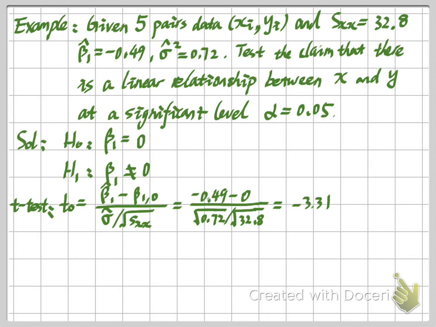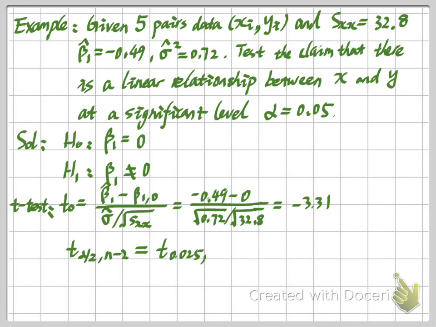To find it, we check the value of t alpha over 2, comma n minus 2. For alpha, the question gives us the significance level alpha equal to 0.05, so we divide it by 2 and use 0.025.